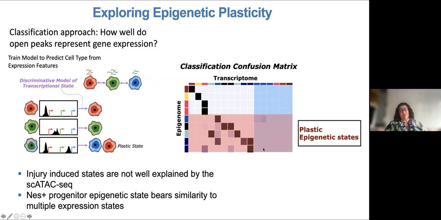Now, one of the advantages here is that this gives us a quantitative measure. If we look at the entropy of this classification and at how certain we are about these cell types, this is a probability distribution we can compute entropy on, that can give us a proxy measure for plasticity.